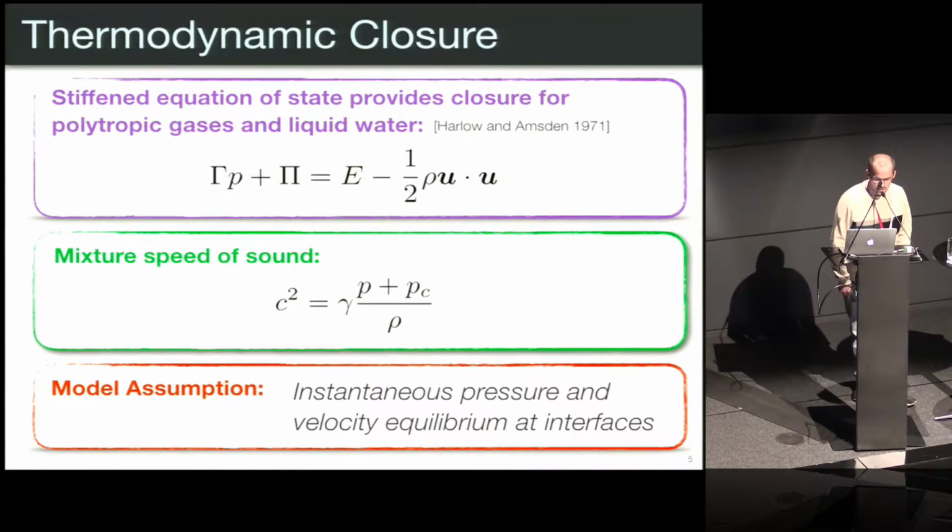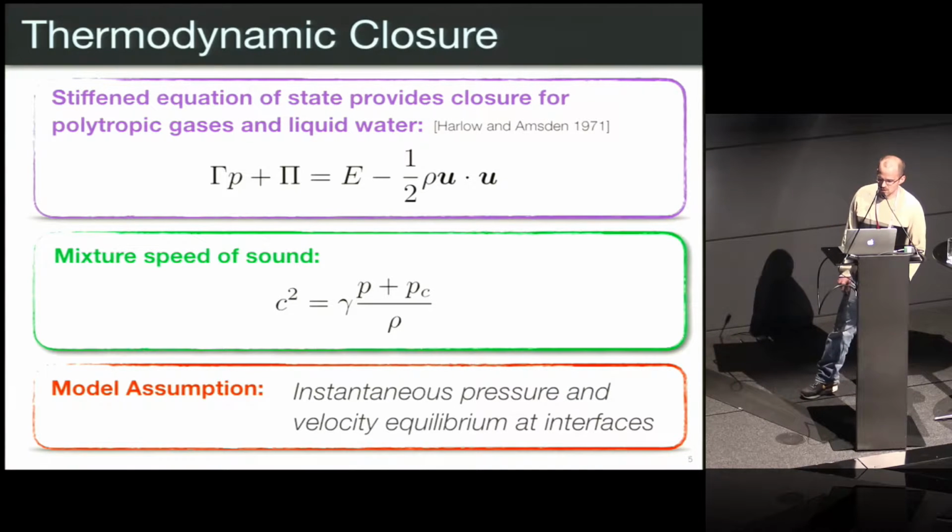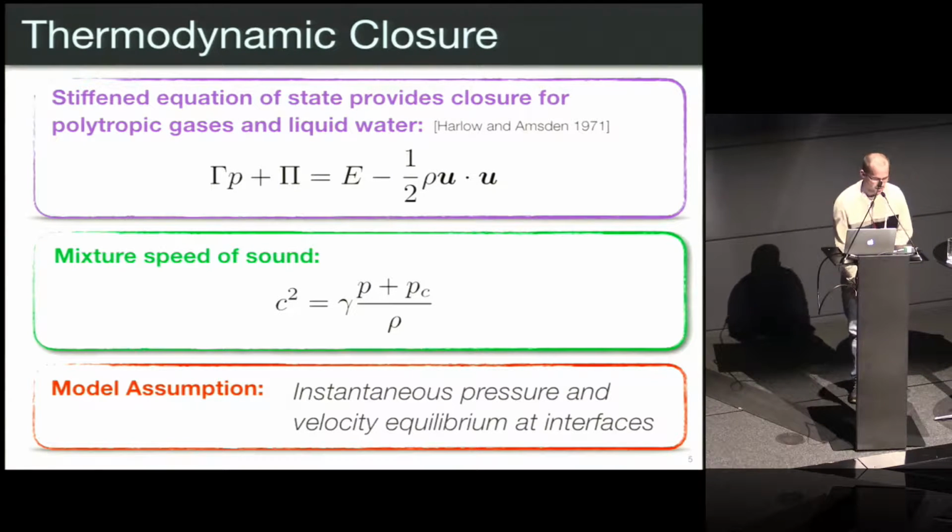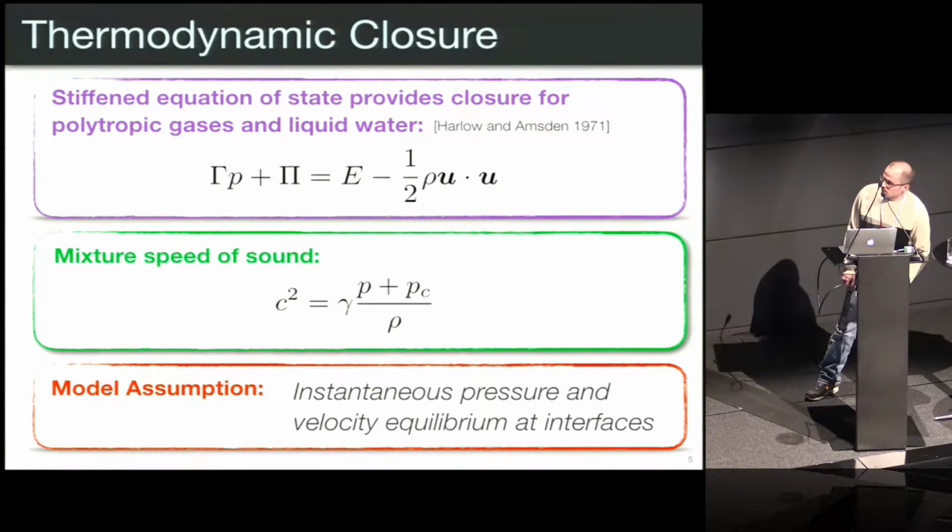Since we're interested in water-air couplings, we use a stiffened equation of state to close our system, which was introduced by Harlow and Amsden. And one additional assumption in the model is that there is mechanical equilibrium across the interface regions. That means that velocity and pressure are equal on both sides of the interface.